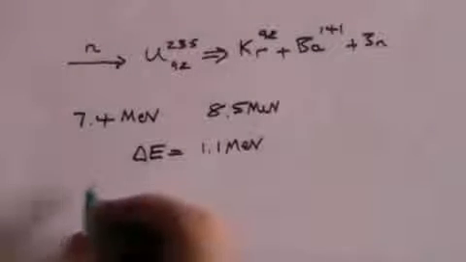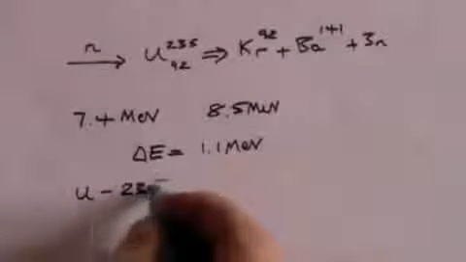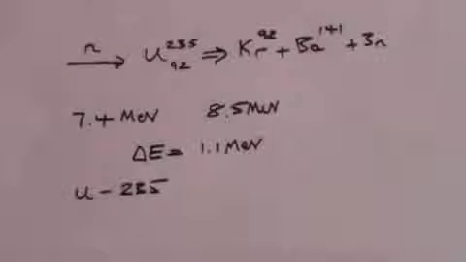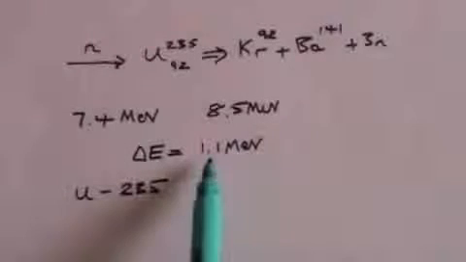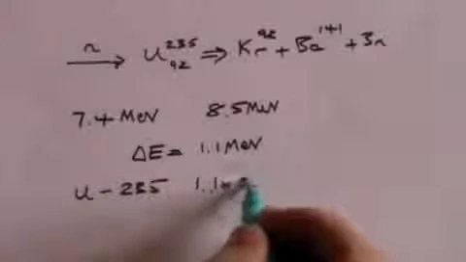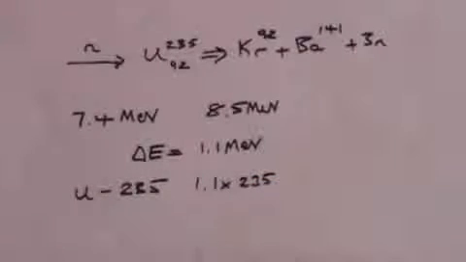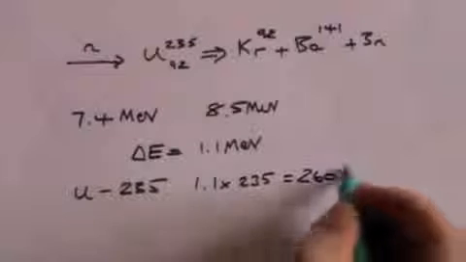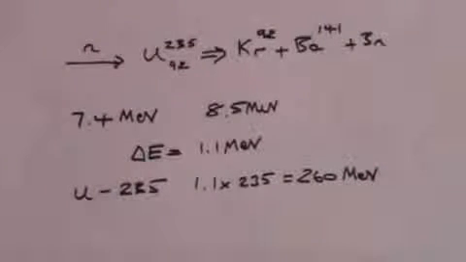And since uranium has 235 nucleons, when uranium breaks up, it suffers a mass loss of 1.1 times 235, which is about 260 MeV. 260 MeV worth of energy is released per atom, and that can quickly build up given that there are millions of atoms.